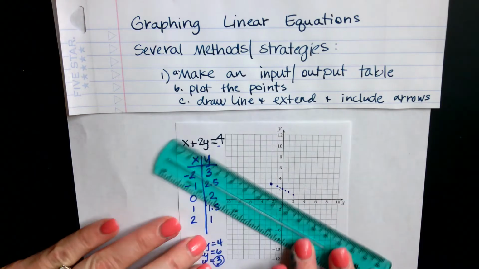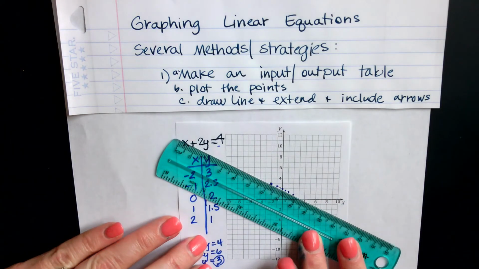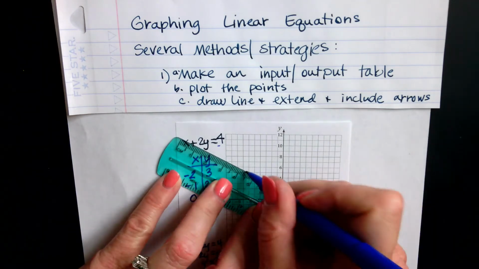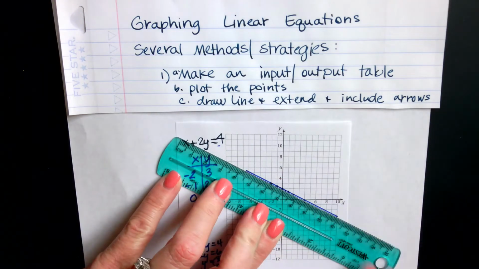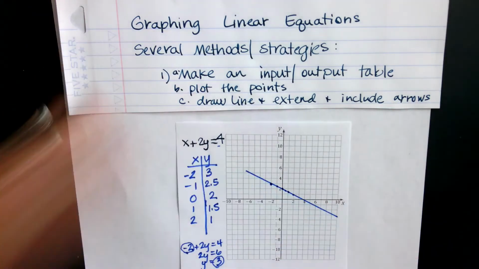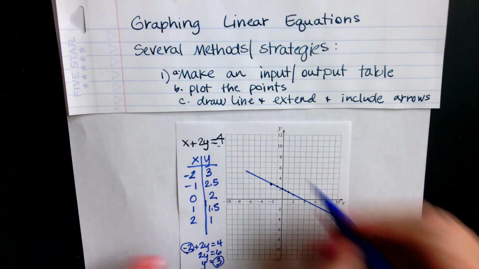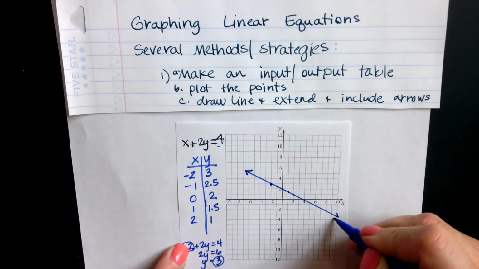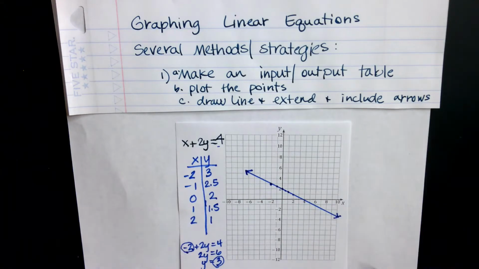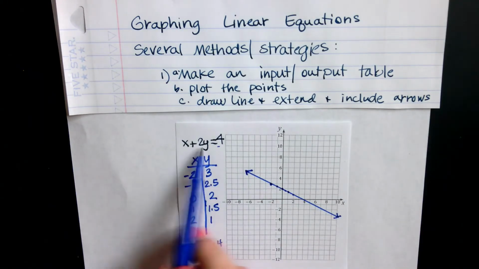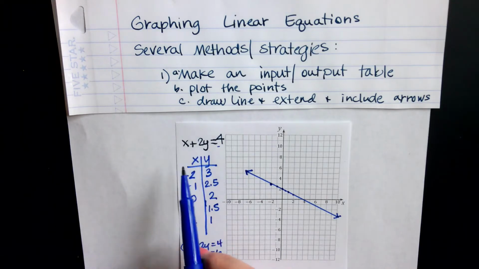Once I've established some ordered pairs, I can use a ruler to draw a line connecting all possible values of x and y that make this true. And then I can extend this concept with arrows to show that the number of solutions, the number of ordered pairs that make this true, are infinite.